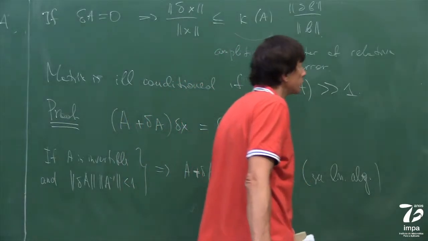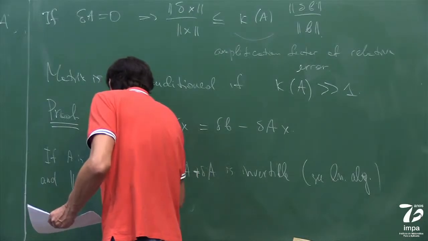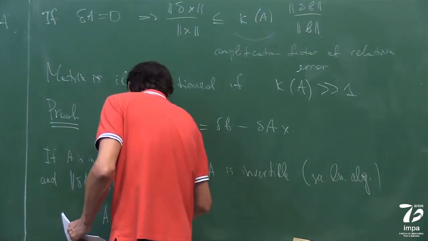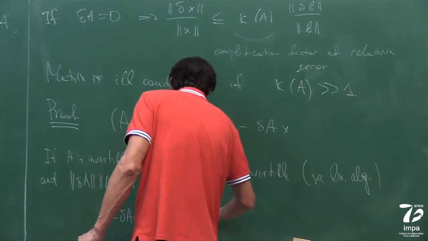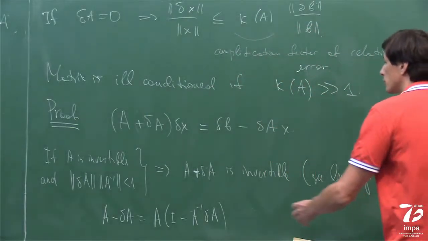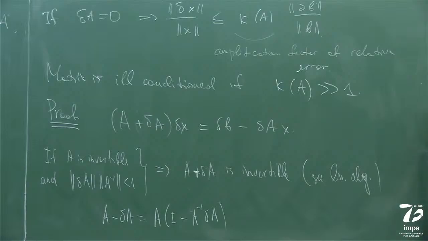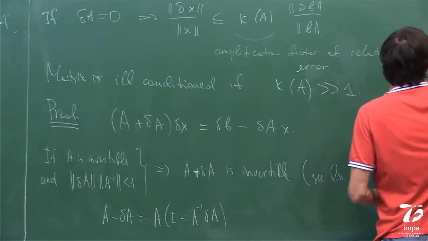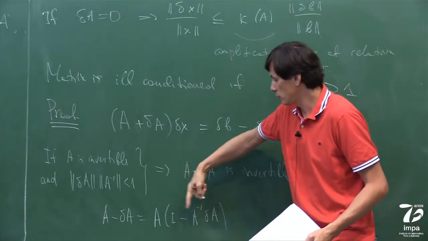Okay, so let's write a solution. We'll write A plus delta A as A times identity plus A minus 1 delta A, and then invert it and put it on the right-hand side. And this gives us delta X. And when you invert, you change the sequence, right?